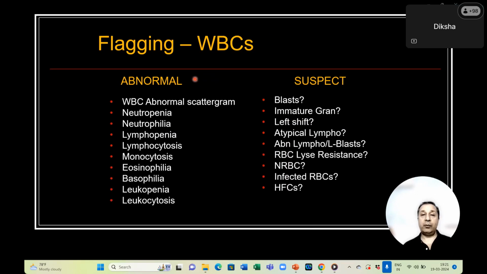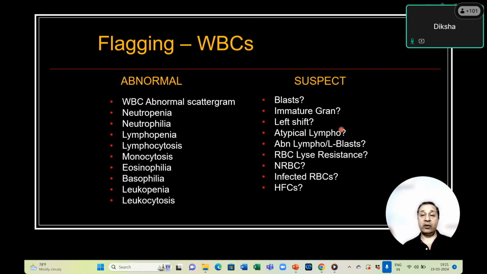Coming to WBC flagging, you might have abnormal flagging regarding WBCs. For example, you might have a scattergram which is not falling into a classical normal pattern. You might have definitive flags like neutropenia or neutrophilia, lymphopenia, lymphocytosis, etc. Likewise for other cells. And then you will have a possibility of picking up the suspect flagging, which I already mentioned, for the other cells as well.